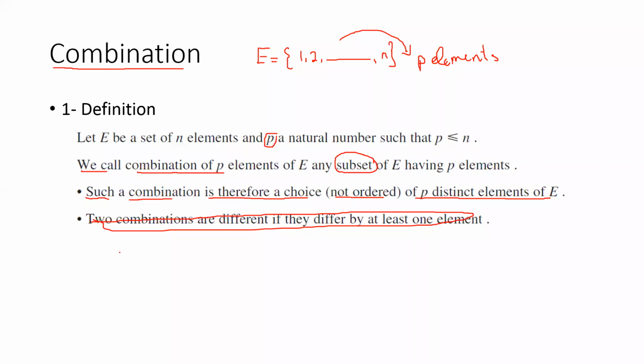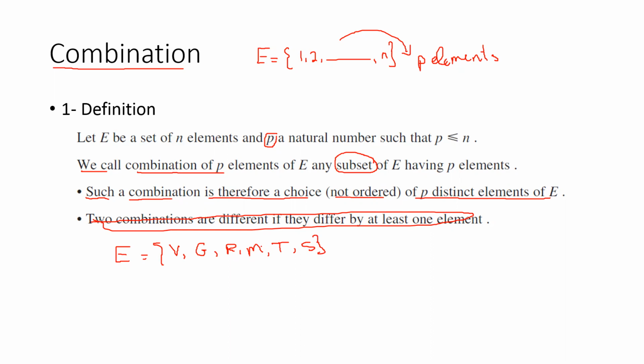For example, if I have the set E of students: Vanna, George, Ruby, Marianne, and Suzanne, and one more.